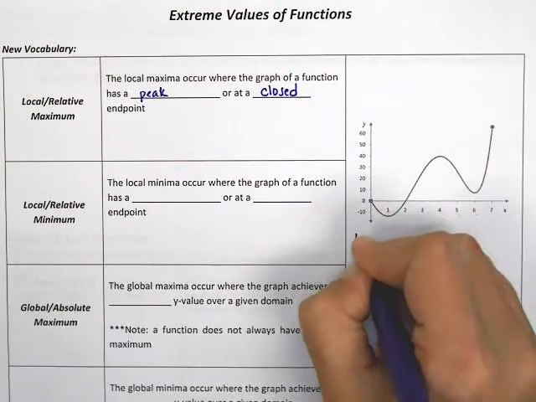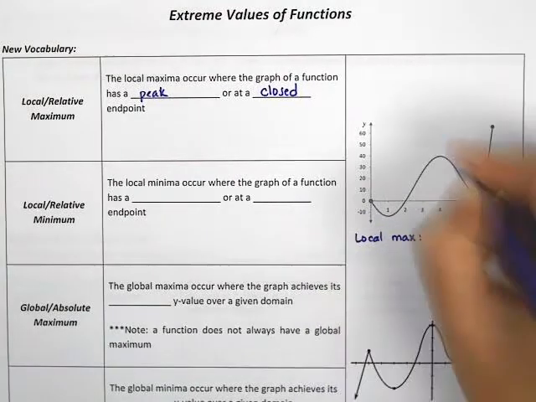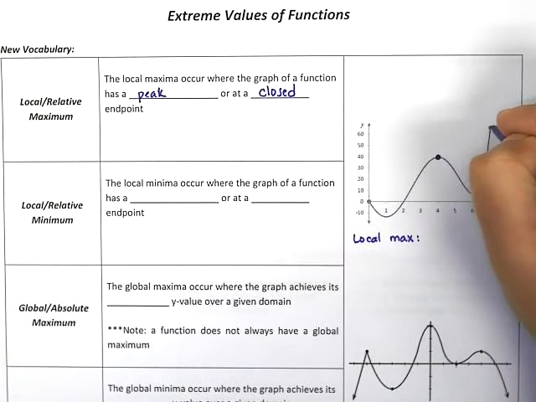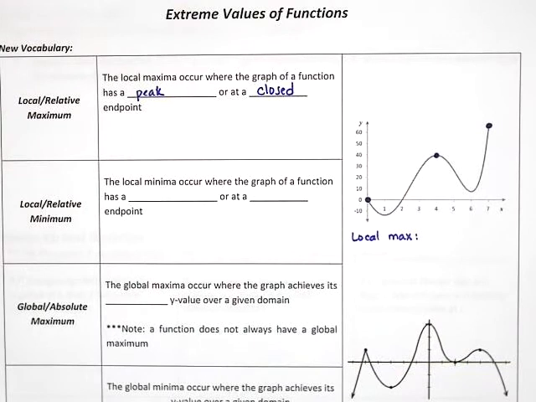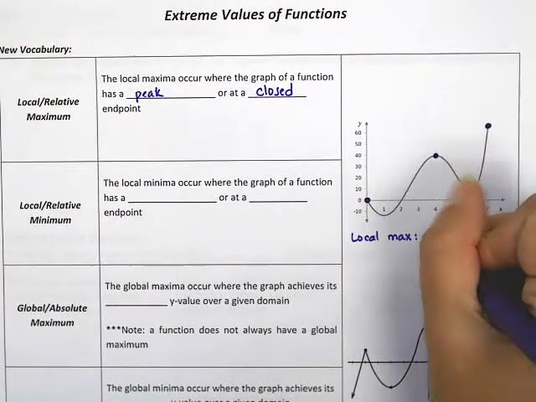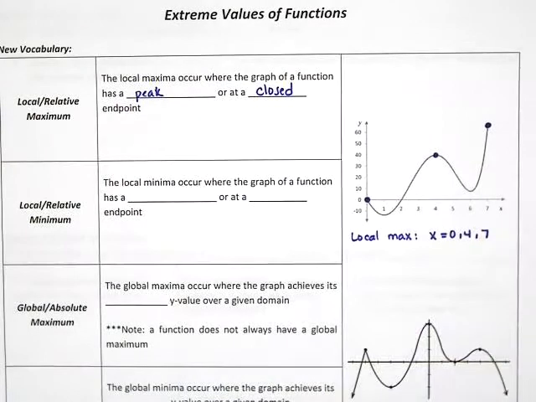So for the local maxima on this graph, they would occur here, here, and here, because those are all places that are high spots for their little section of the graph. They're at the top of a mountain. So that would be where x is 0, 4, or 7.